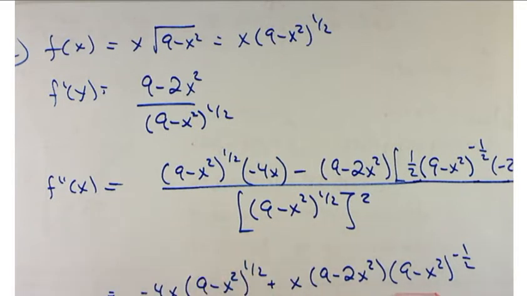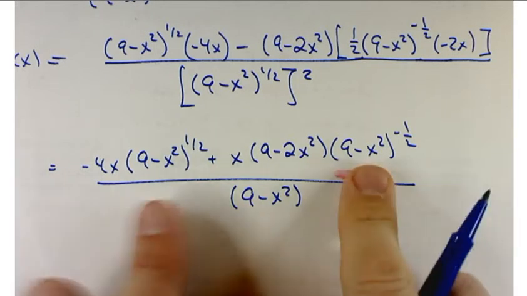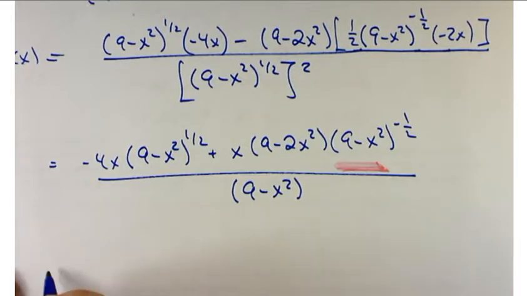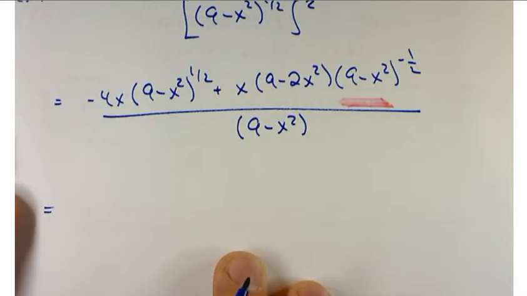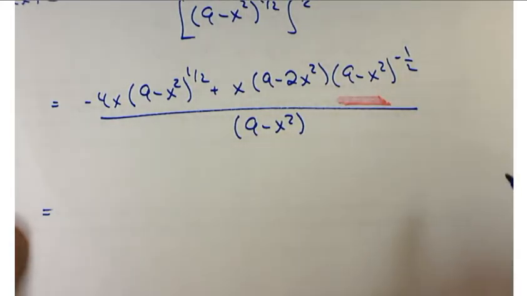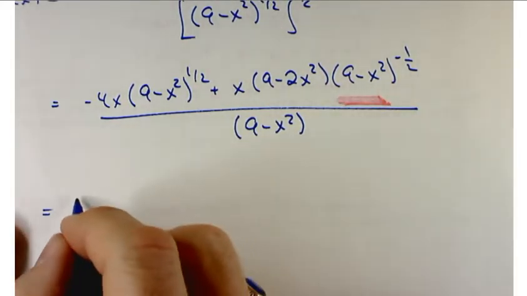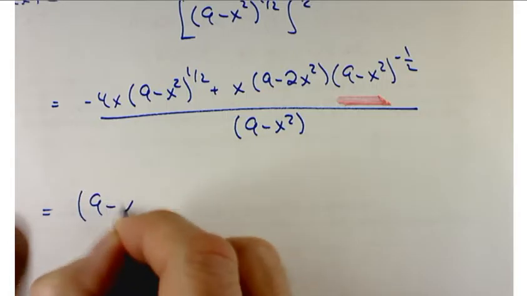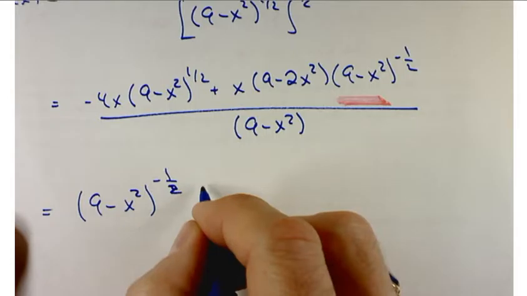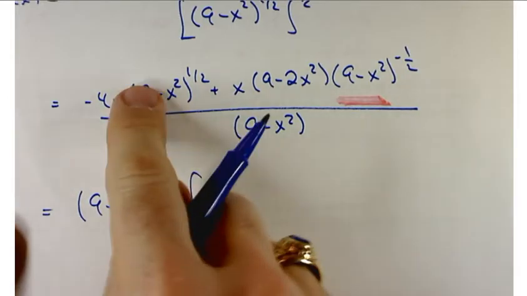Okay. This is the term that needs to get factored out. So, this gets a little bit tedious here. I understand that. That's why I only put like 6 or 8 of these on an exam. All right. We've got 9 minus x squared to the negative 1/2. That's going to divide each of these terms here. Now, some of you can do this in your head.